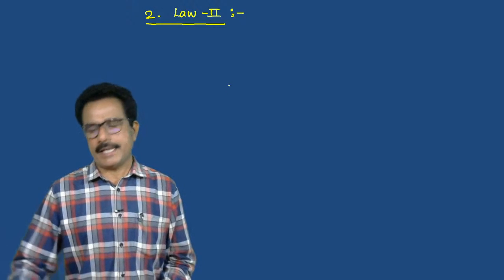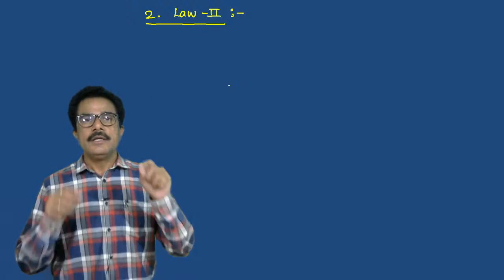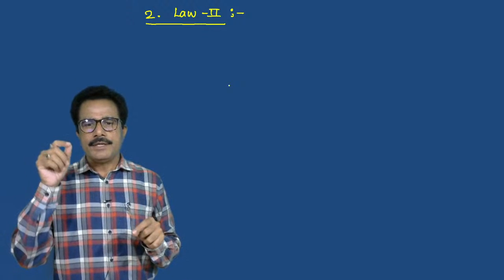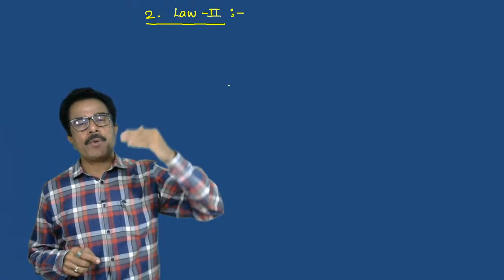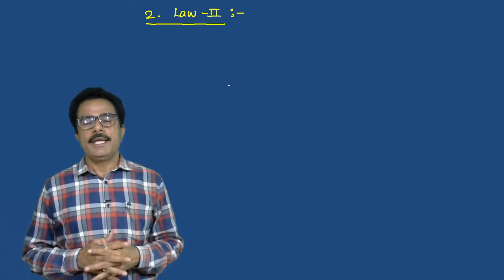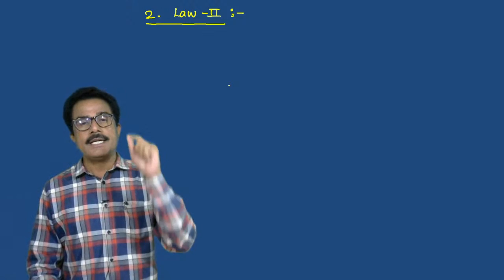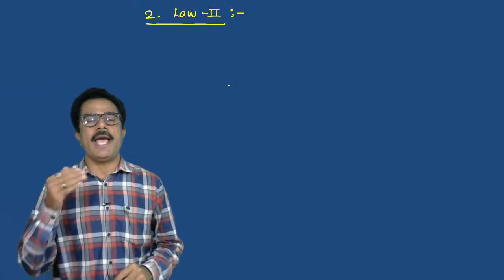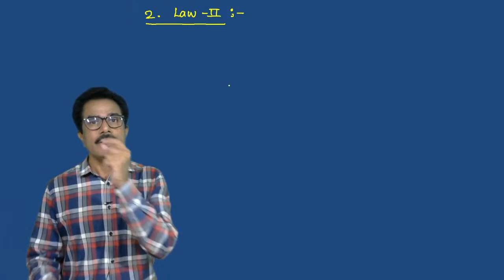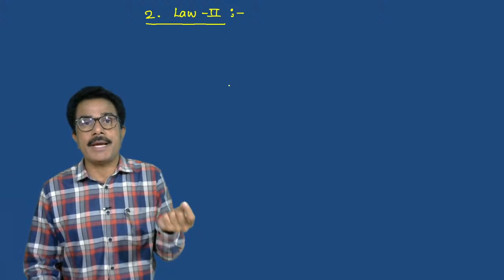Now Newton's second law tells us, I shall define it: the rate of change of momentum is proportional to the impressed force and takes place in the direction of the line of action of the force. See this, rate of change of linear momentum. What is meant by linear momentum?